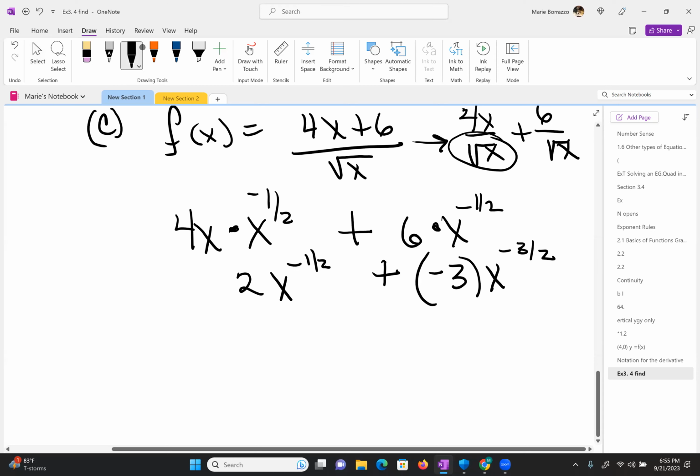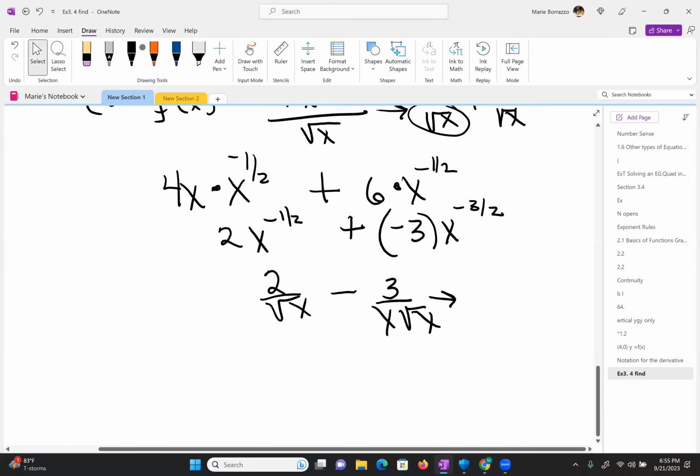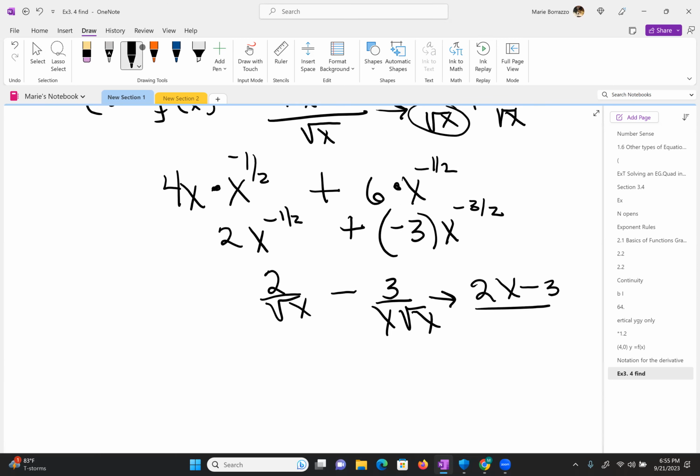As we continue, I end up with 2 over square root of x minus 3 over basically x square root of x again. This also reduces, and this becomes 2x minus 3 over x square root of x. Remember, common denominator, so we're multiplying by x top and bottom. I know that one will be a little bit more challenging.